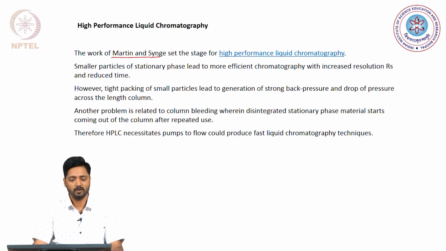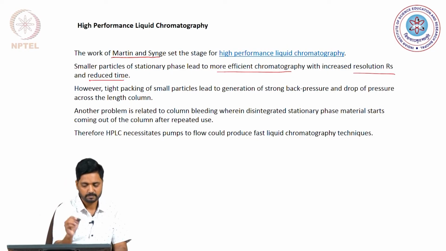We already mentioned that in improving the performance of a liquid chromatography process, we require smaller particles for the stationary phase, because these small particles lead to more efficient chromatographic separations, and as a result the resolution of the peak separations is improved while the elution times are reduced.